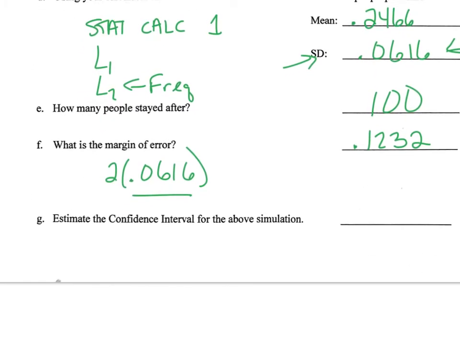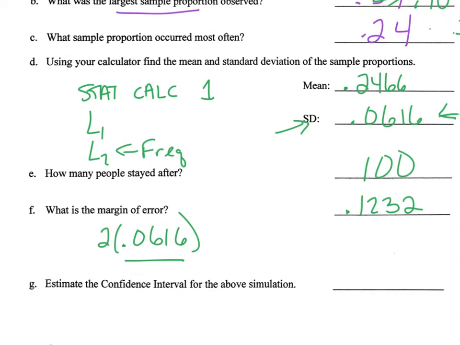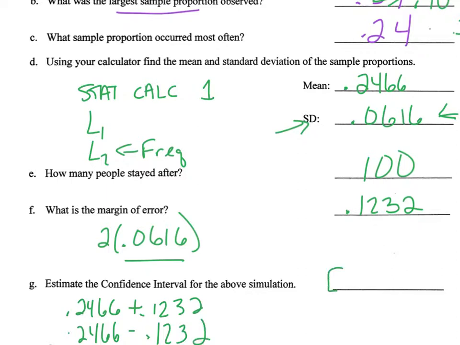Okay, now what is the confidence interval? Well, we already know what the mean is, so we figured out the mean. The mean is 0.2466, so we're just adding the margin of error to 0.2466, and subtracting that margin of error. So that would be 0.1233 and 0.3699.